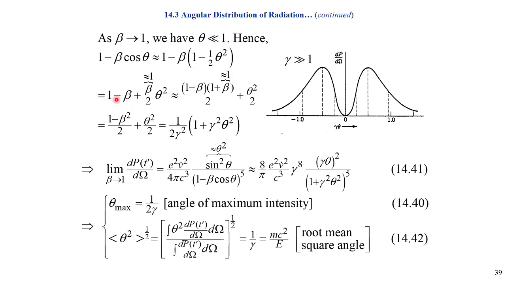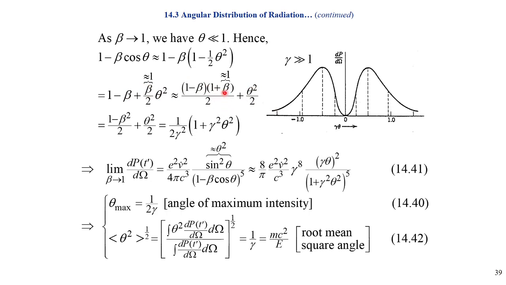Okay, so 1 minus beta squared over 2, so we can rewrite this one. Beta very close to 1. Okay, beta squared, 2 beta. So this part can be simplified to here.